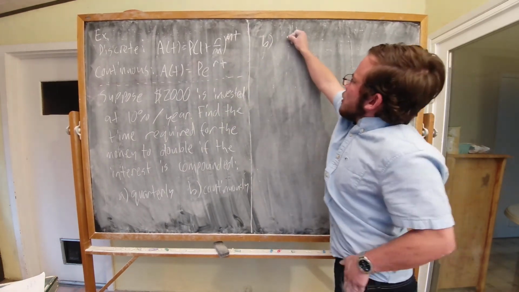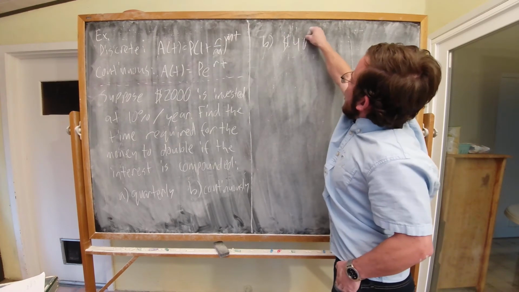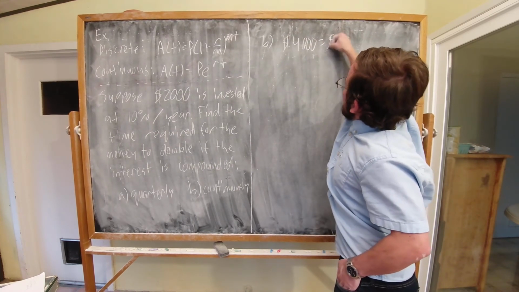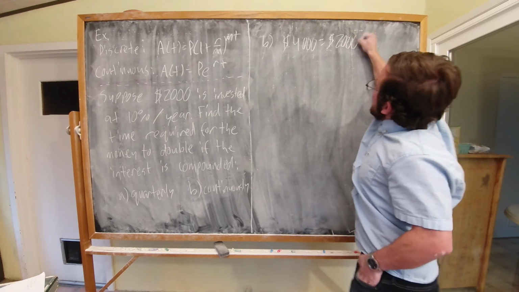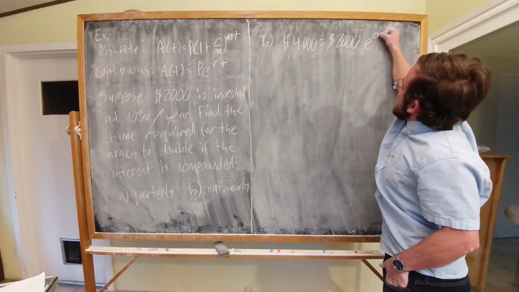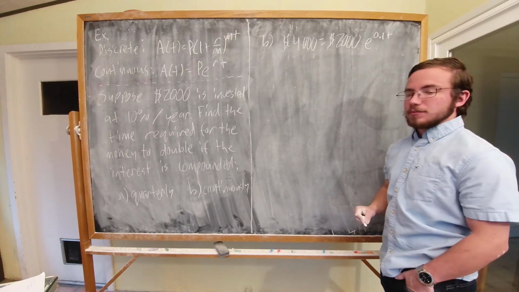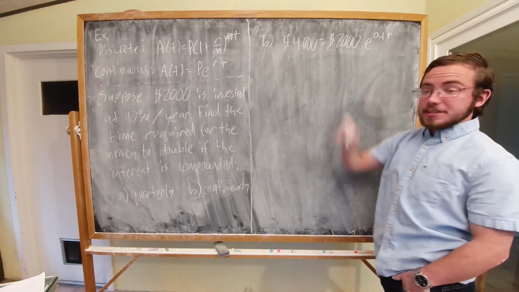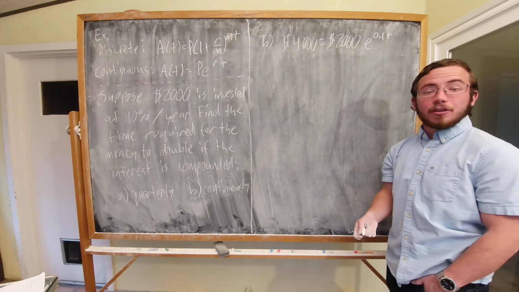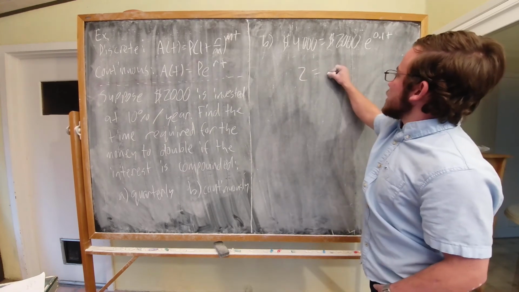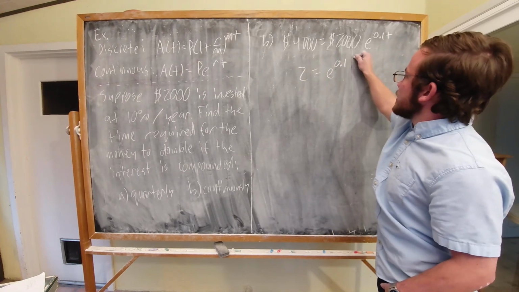So now we're just solving $4,000 is equal to $2,000 times e to the 0.1 t. Okay, well again, let's divide both sides by $2,000, get that out of the way. We're left with 2 is equal to e to the 0.1 t.